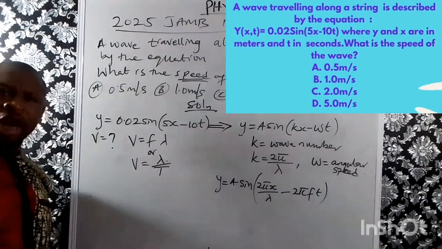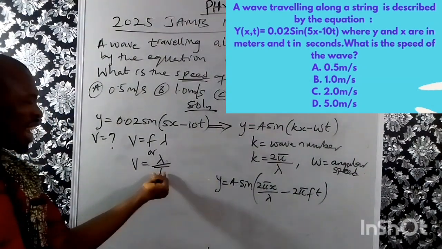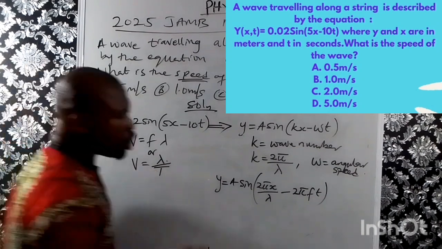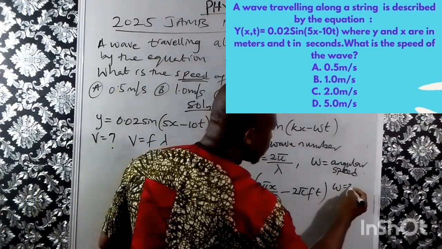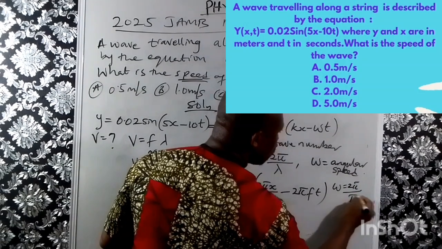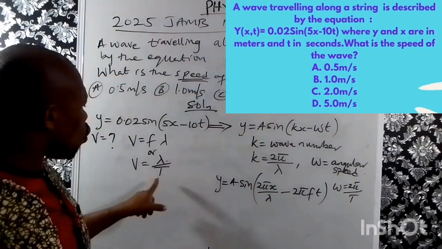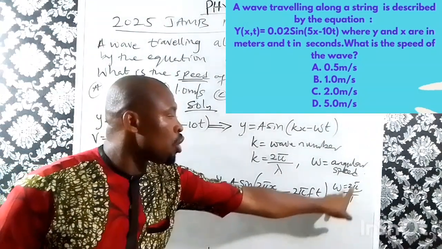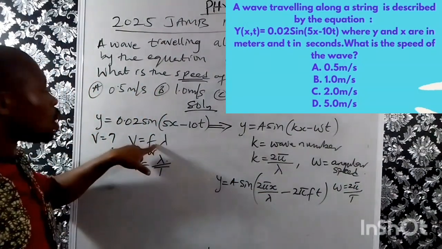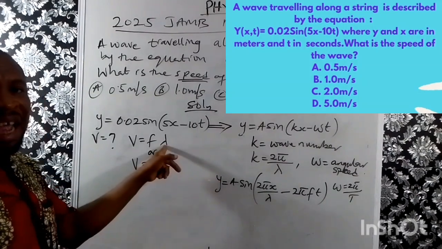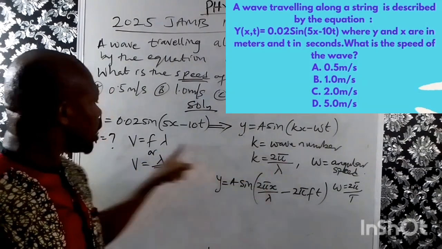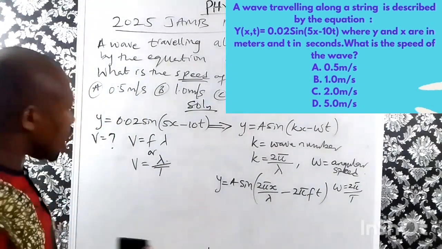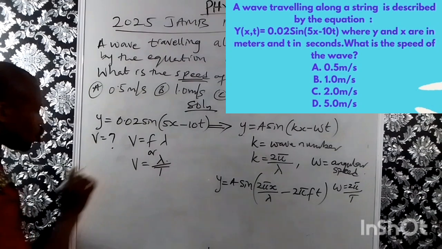In other words, either we find our period. For you to find a period, you use omega is 2 pi all over the period. If you want to use this, that means you need to get this period using this. Now, if you want to use the other, we need to find lambda using this, and then find f using this. Okay, I will solve the two with the two formulas.